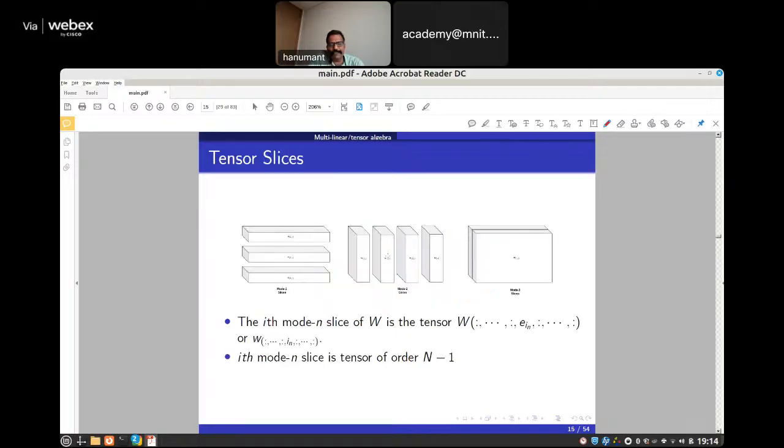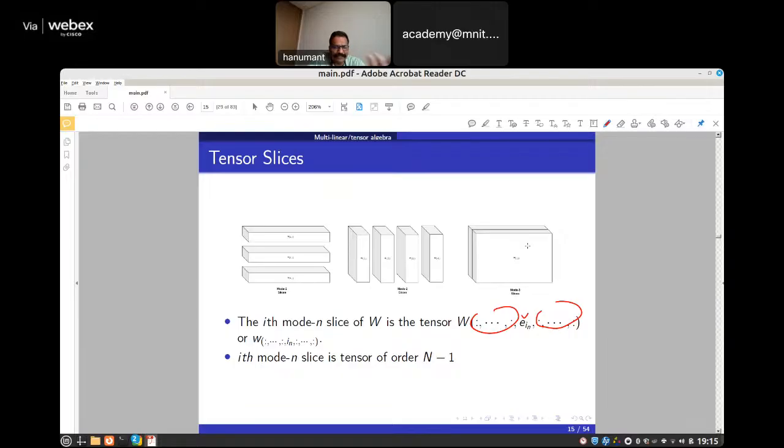Now in slices, I just fix one and change the rest of them. So I will get a little bit bigger data set, and that's what people call tensor slices. Earlier I was just getting columns, now I am getting plane-like structures. These are easy things.